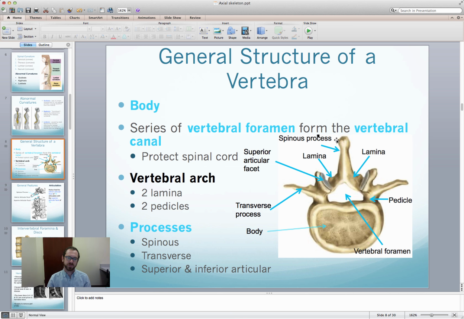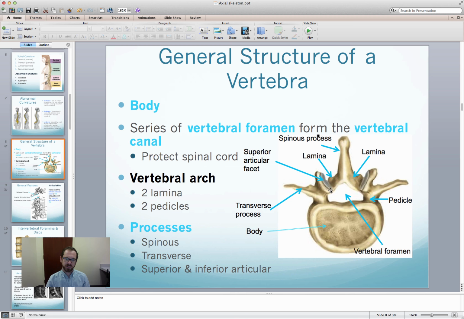And so your spinous process is going to be the posterior portion of your vertebrae. And you also have transverse processes on some vertebrae, and those are processes that are extending out in the transverse plane. You also have processes above and below vertebrae. Here I'm indicating the superior articular process.